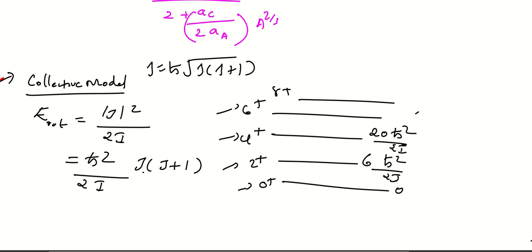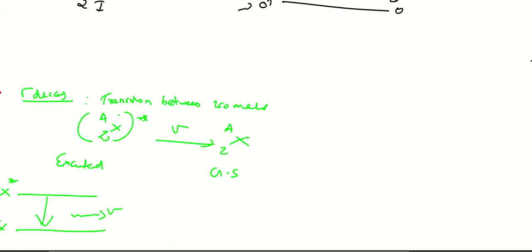The rotational energy levels are h cross squared divided by 2I into j into j plus 1, for 0 plus, 2 plus, 4 plus, 6 plus, 8 plus. The ground state is 0, the first excited state is 2 and the second excited state is 4; like that, even states are there.